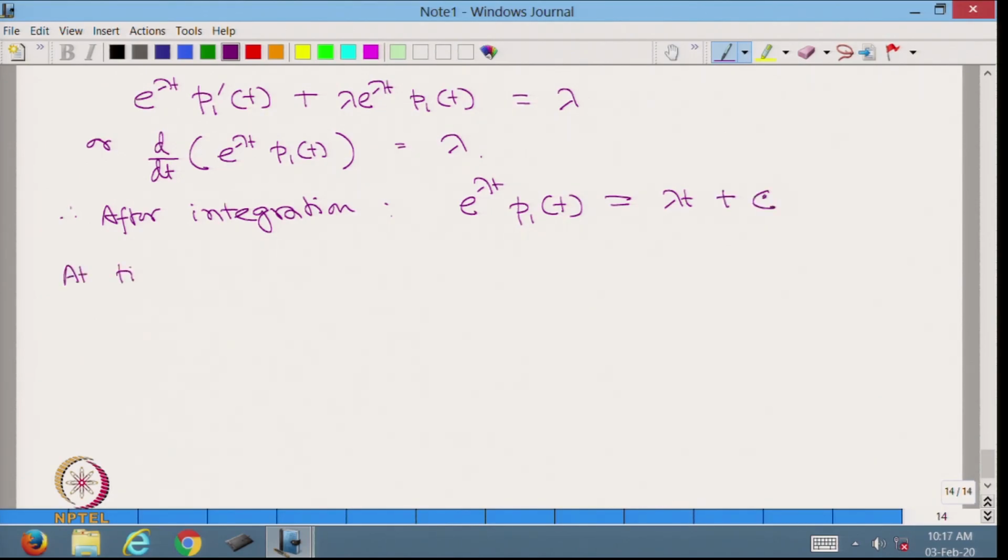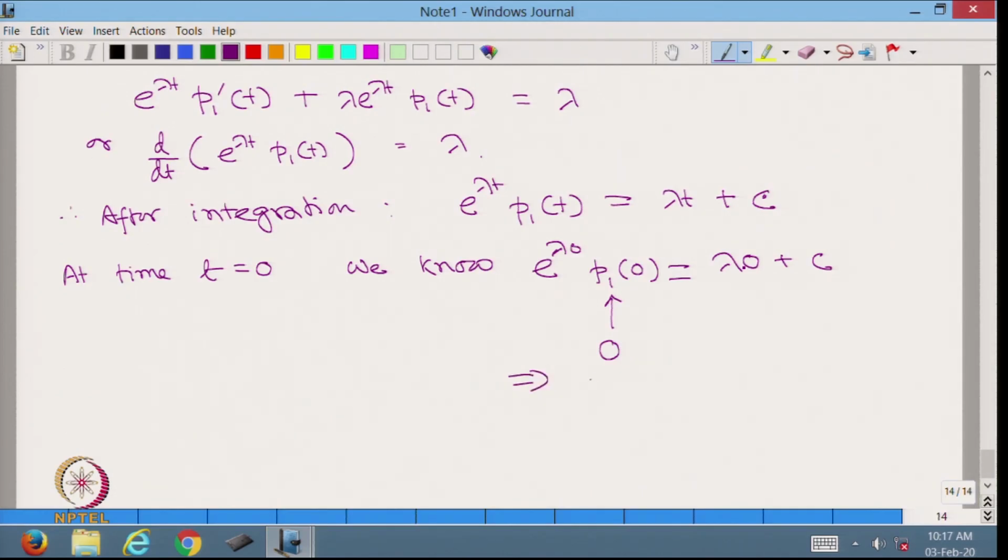At time t is equal to 0, we know e to the power lambda 0 into P1 at 0 is equal to lambda 0 plus c. Now, this is 0. We have already seen that at time 0 there will not be any arrival, which implies c is equal to 0.